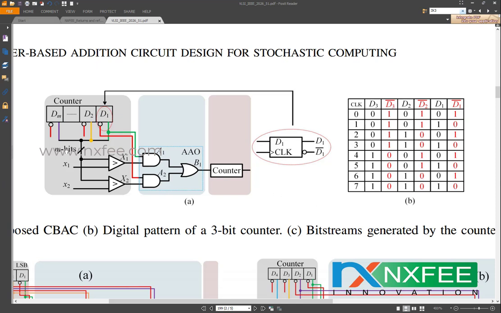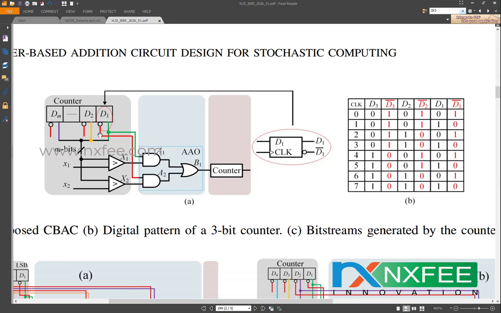Initially they start with the counter circuit. This counter circuit gives the input to the x1 and x2 comparator. The comparator compares the value of the x1 input and x2 input and analyzes the maximum value, that is, whether x1 closes first or x2 closes first.